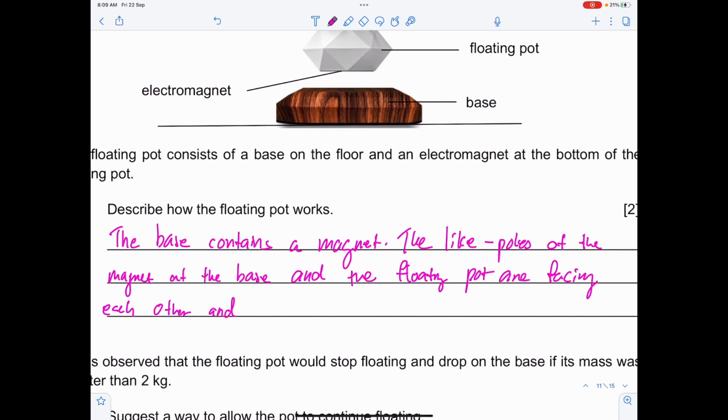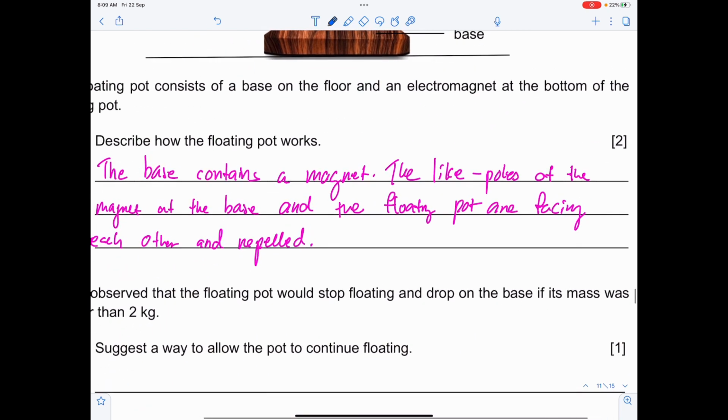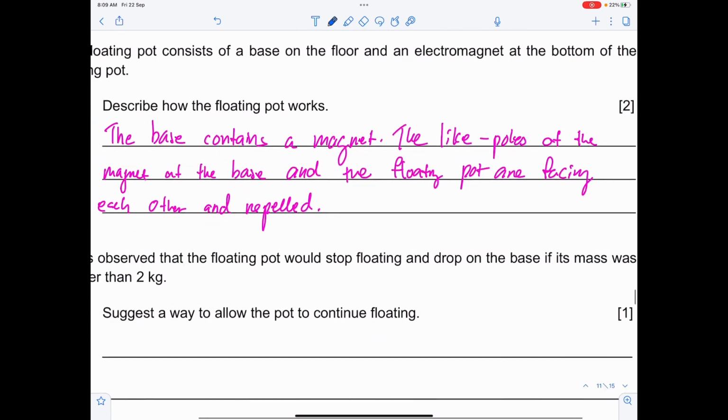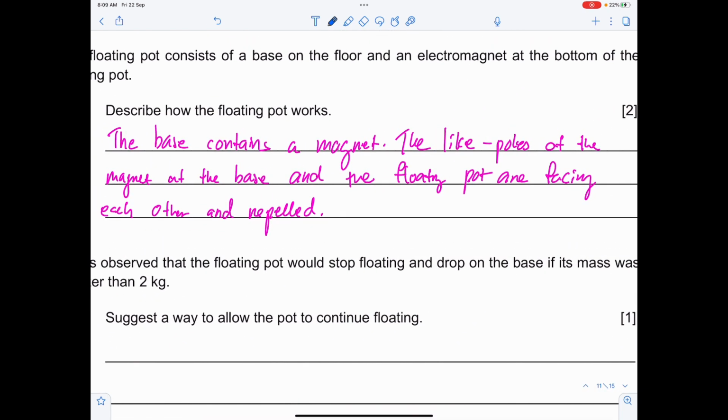And they repelled. Then you have to say that because this is causing it to float, you have to talk about the force being equal.